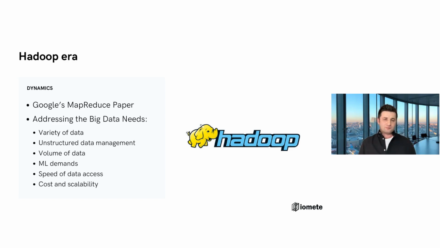Variety of data. Historically, data warehouses were really good at processing structured data. When I say structured data, you can think about tabular data, tables, that type of data. But with the developments in technology, we had a demand to work with unstructured data, like images, audio files, videos, log files, and lots of signals coming from IoT devices.